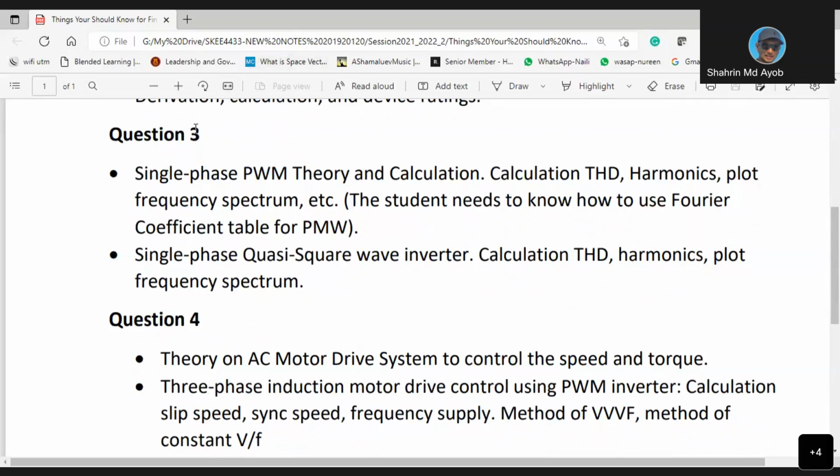If you Google SKE 4433 in Google, banyak dah student upload. Siap dengan jawapan lagi. So saya tak perlu upload lah. Question number 3 and question number 4 ni pusing-pusing pun itu je soalan dia.